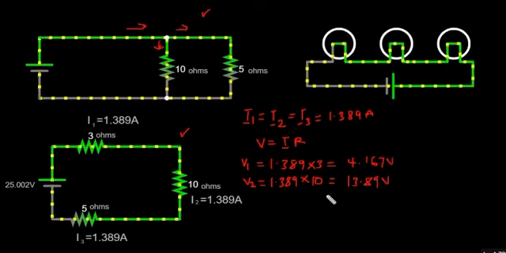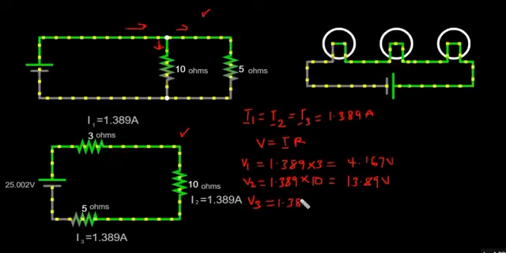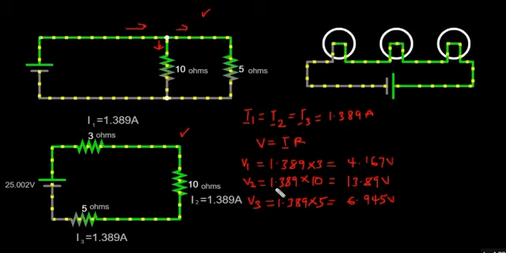And then the third voltage drop will be equal to 1.389 times 5 ohms, and this will be equal to 6.945 volts. So when you sum up all these voltage drops, it should be equal to 25.002 volts. So that tells you that the voltage from the power source was distributed among the resistors.